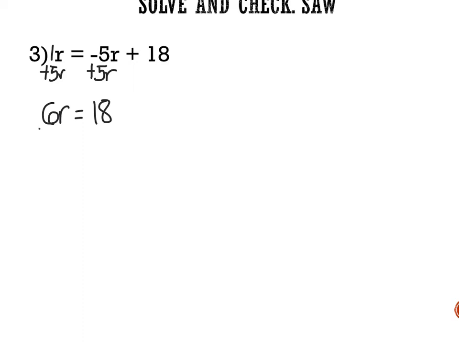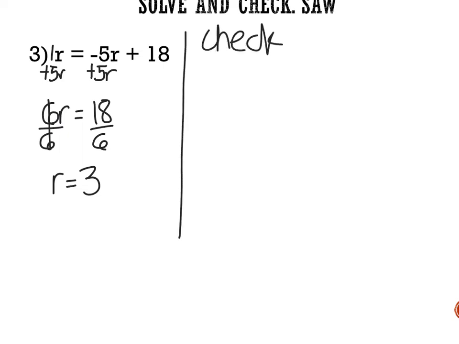To get r by itself, I'm going to divide by 6. 18 divided by 6 equals 3. To check my problem, r is 3, so there's nothing I need to do on the left-hand side.